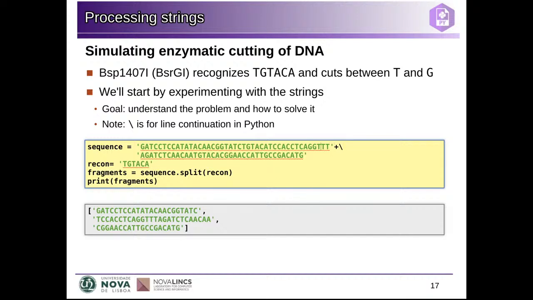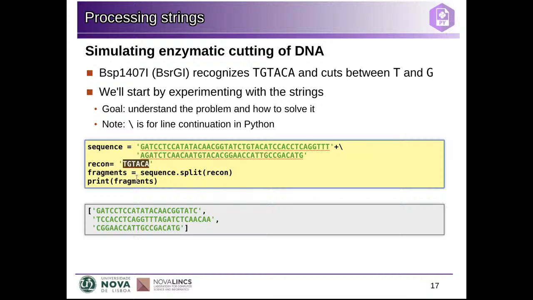Since I cannot break inside the string, I can concatenate these two parts and generate a single string. And now this is my sequence that I'm going to cut. I store in this variable the recognition region of the enzyme, and then I can just split the string whenever it finds the recognition sequence.